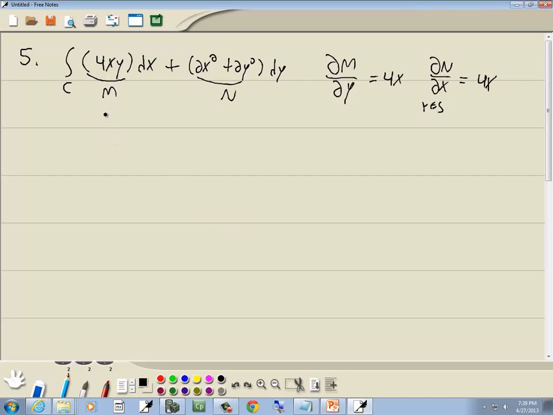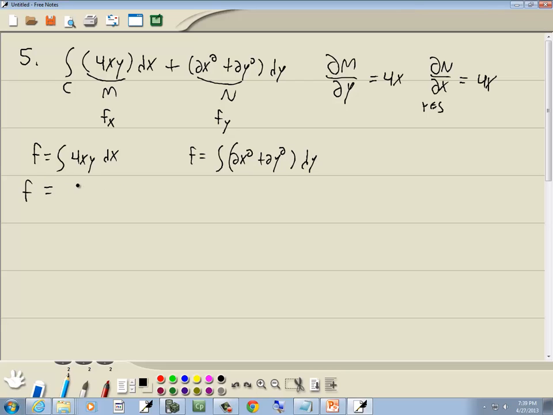Well, this is not only m, but it's a partial with respect to x, and this is a partial with respect to y. So for f, we're going to take the integral of 4xy with respect to x, and over here f will be the integral of 2x squared plus 2y squared with respect to y.